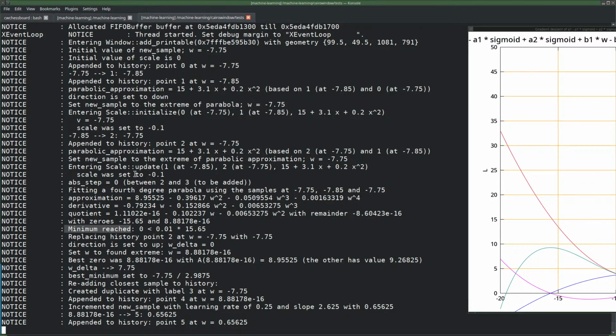I'm completely lost. Maybe I should step through this with a debugger, because it seems to take a long time before it actually starts doing something normal again. Okay, so quit this.